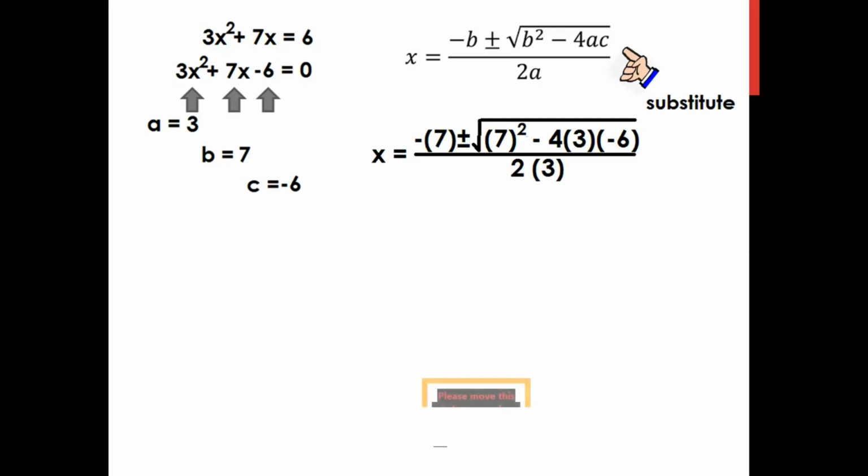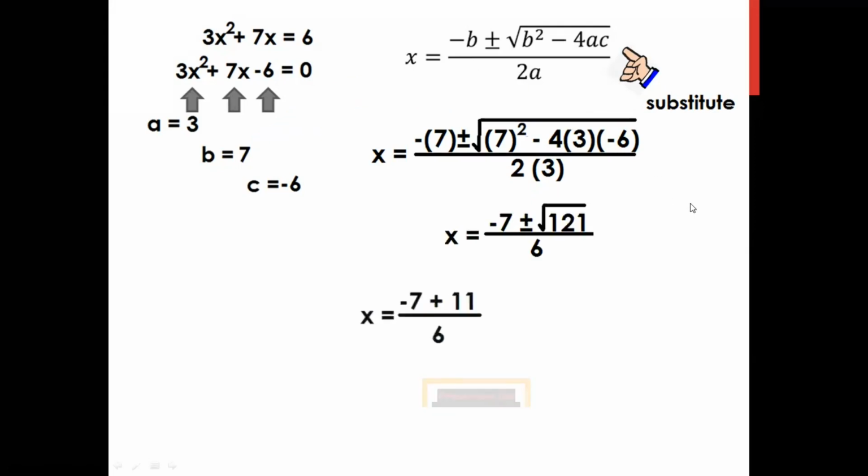So substitute the value of our b, then our a and our c. Then after substituting, follow the operation. After simplifying the equation, we can get negative 7 plus or minus square root of 121.